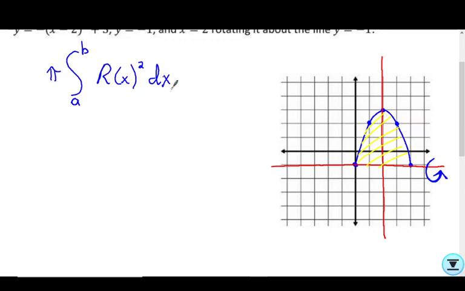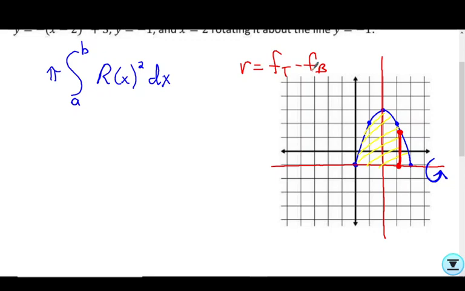Okay? Now, the next step is finding out what my radius is. My radius at any point is going to be this distance from here to here. So I'm still using a vertical strip for the radius, which means I can still use the function on top minus the function on the bottom.